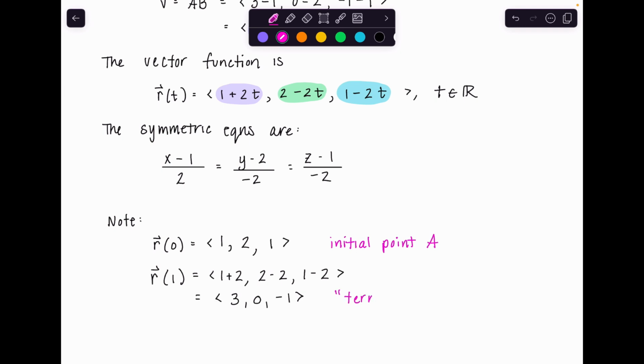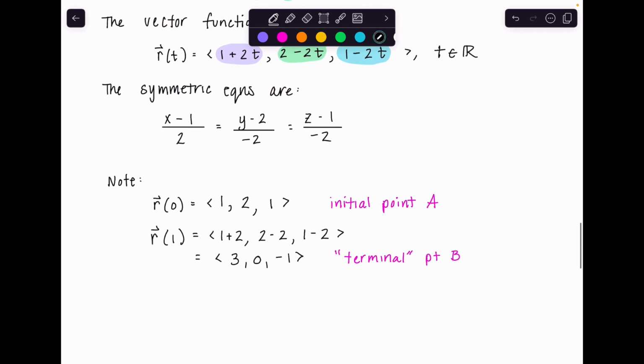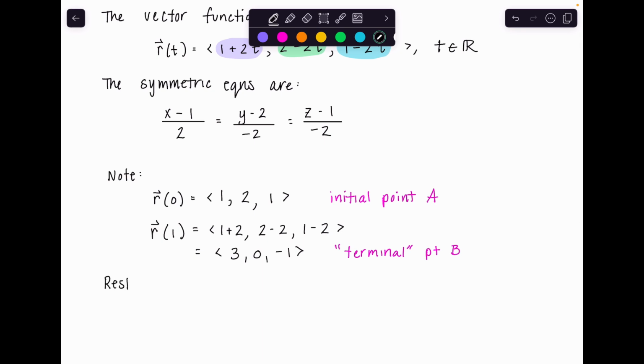I'll call it essentially the terminal point, B. So what I can do if I don't want the entire line formed, restricting my t value to be between 0 and 1 is giving me the line segment between these 2 points. So here, restricting t to be in the interval 0 to 1 gives us the line segment between point A and B.